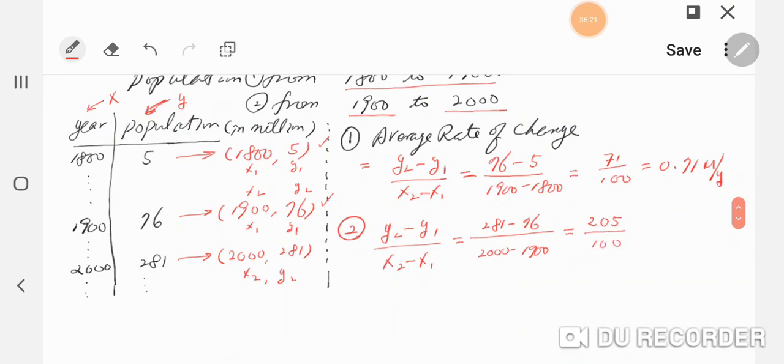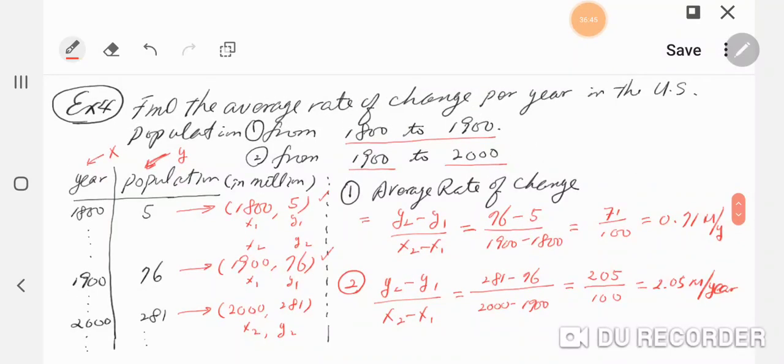So for 100 years, there were 205 million increased. So this is equal to 2.05 million per year. So every year there is an increase of 2.05 million. That's the average rate of change per year. Okay, we are done for this section.